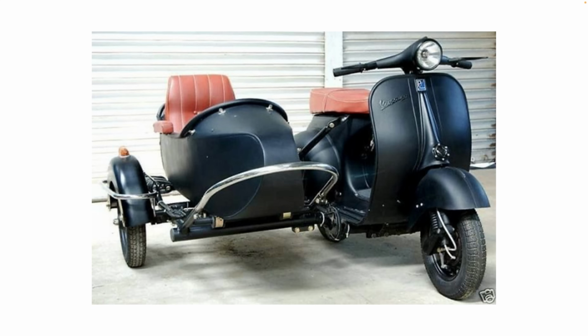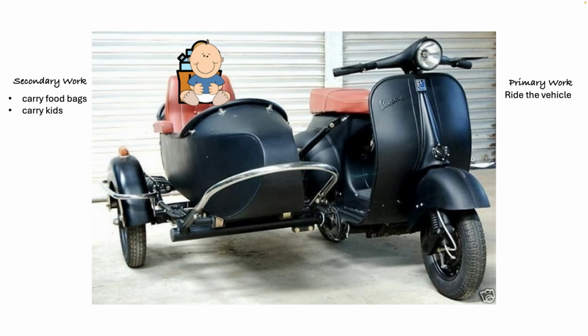As you can see in this picture, I have a main vehicle with an attached box, or you can consider it as a sidecar. So while riding the vehicle, I can also use the sidecar to carry extra stuff like grocery or my kid or anything else I need. So here riding the vehicle is my primary task and carrying the things is my secondary task.